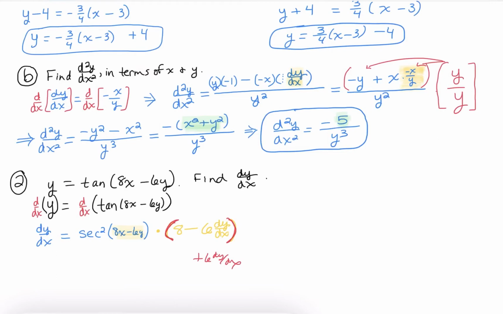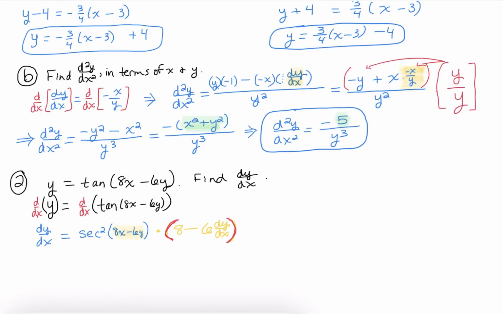You have a couple of options. I suppose you could divide by secant squared, and then you just have the 8 minus 6 dy dx. That would be one way to go. Another way would be to distribute through this secant squared. So there's a couple of different options here.